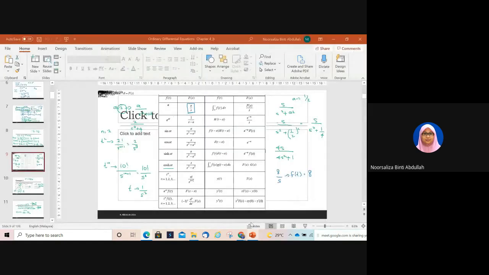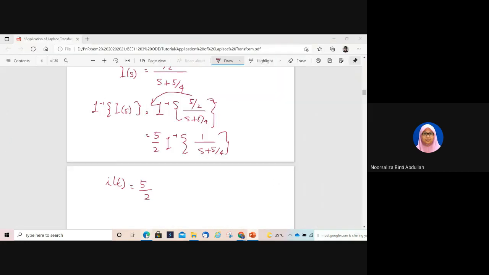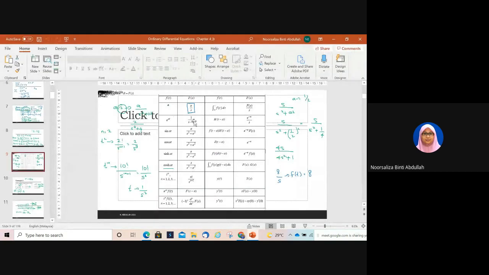So the inverse for 1/(s plus 5/4), we refer to this table. Look at this table: 1/(s minus a). Here you have 1/(s plus a). If s minus a, your answer will be exponent at. If s plus a, it will be exponent minus at, right?